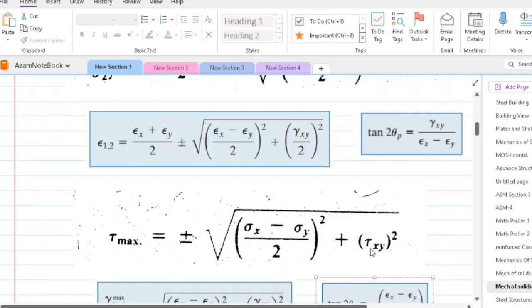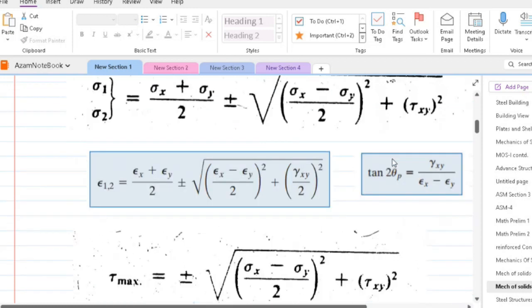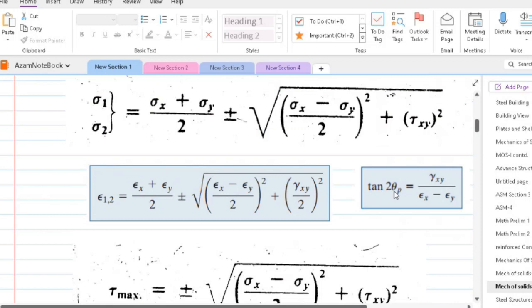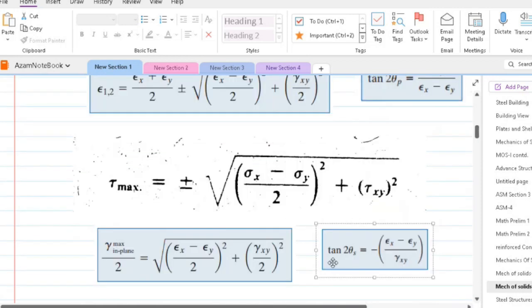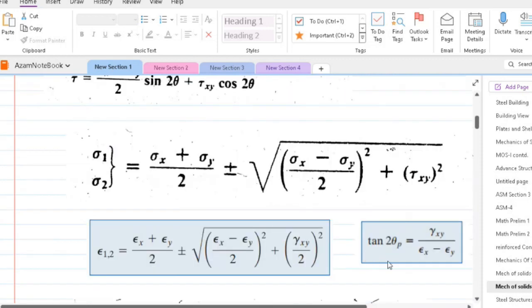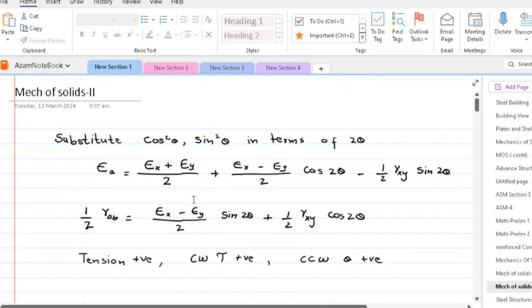It is important to remind ourselves that the principal strain expressions are derived from the principal plane directions. The principal plane directions, both for the axial strain and the shear strain, are derived by differentiating the axial strain and the shear strain expressions with respect to theta and then equating them to zero.